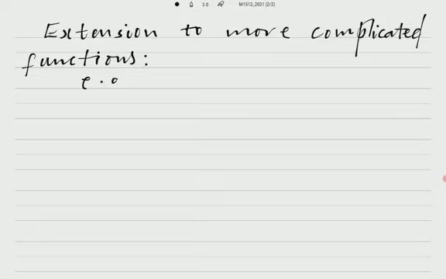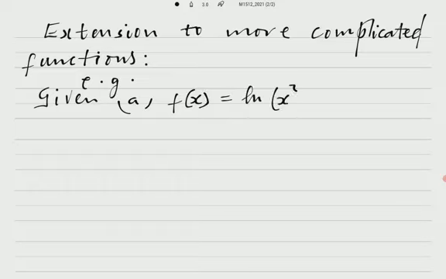For example, you may be given, let's say number a, f of x equals ln of x cubed plus 1, and then also, let's say number b, to make it more interesting, g of x equals log with base a of x squared minus 1.